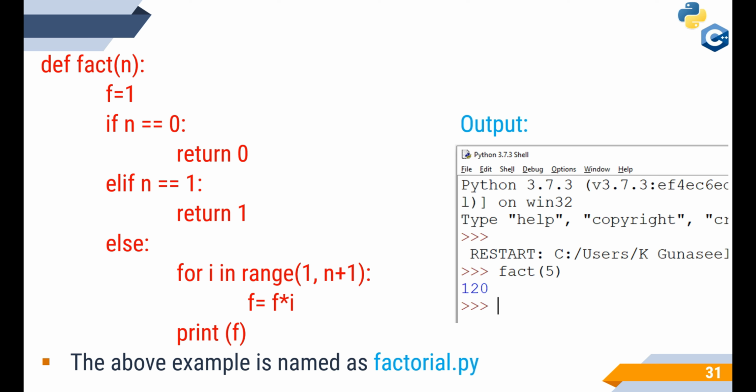The above example is named factorial.py. The value of fact of 5 is nothing but 5 into 4 into 3 into 2 into 1. Mathematically, in the program it will compute 1 into 2 into 3 into 4 into 5. So we get the answer 120, right?